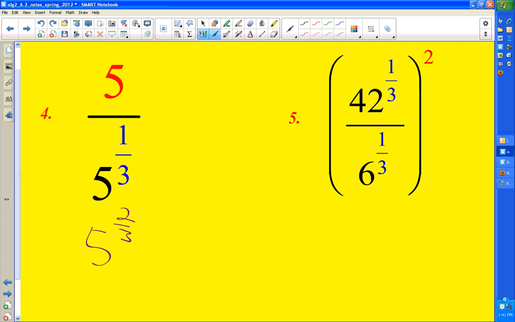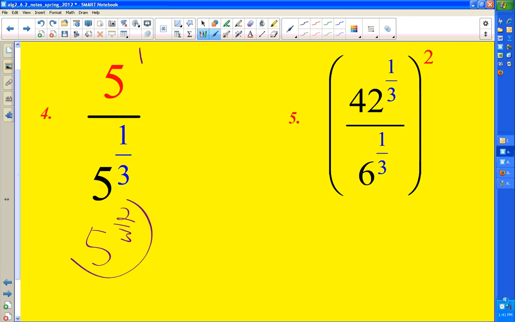Right? The power on the top is 1. It's bigger than the one on the bottom. 1 minus 1/3 is 2/3. The bases don't change, ever. The bases are the same, so we subtract our exponents and the base stays the same.